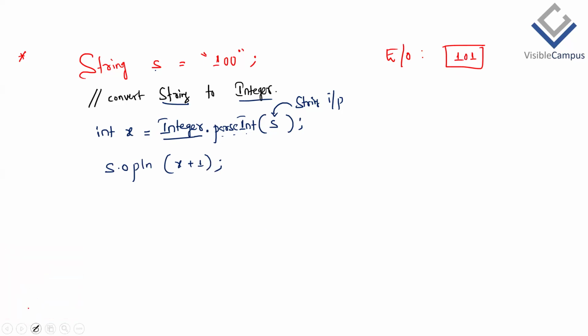If it is not a proper numeric value in the form of a string, it gives a syntax error. It is only possible if the number is purely in the form of a string. But the question is, what if the string is like 1 space 0 0?